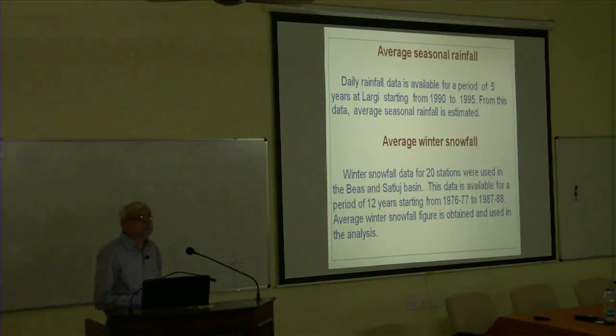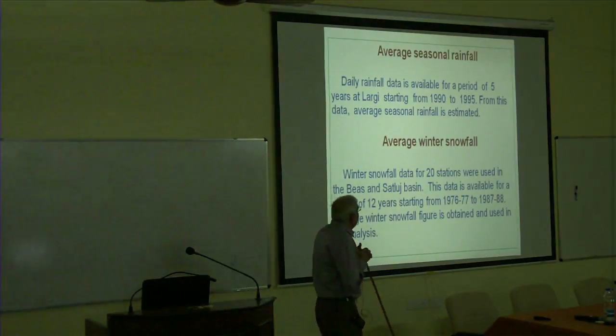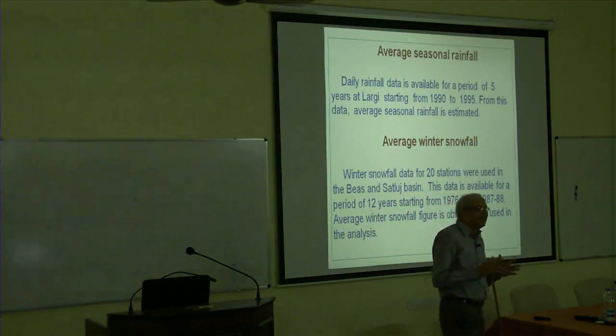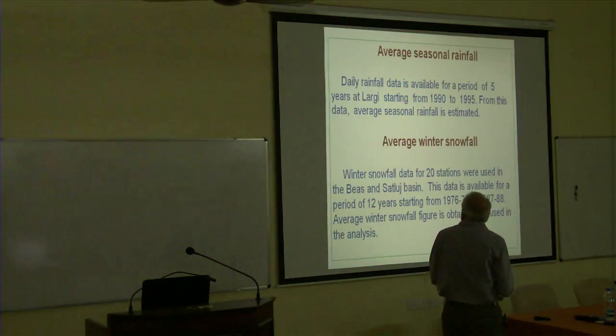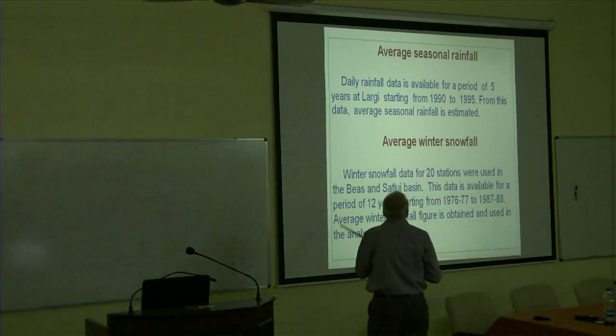So now you get the daily rainfall data, because at that time there was actually no runoff data; rainfall and snowfall data was available. So we have data at Largi for 5 years, and average snowfall was estimated from there.